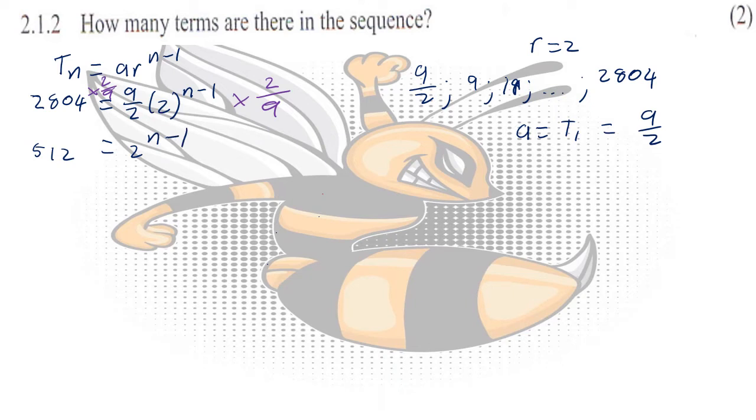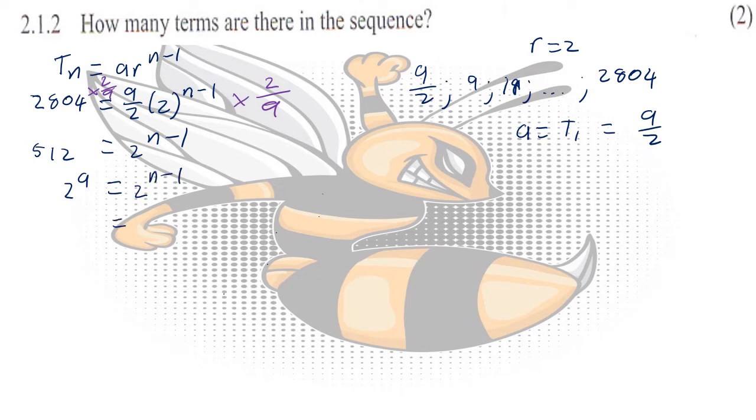Now remember, when we have unknown in the exponents, we have two ways to solve it. Either using logarithms or to make the bases the same on both sides of the equation. In this case, it is entirely possible to rewrite 512 as 2 to the power of 9, which is then equal to 2 to the power of n minus 1.